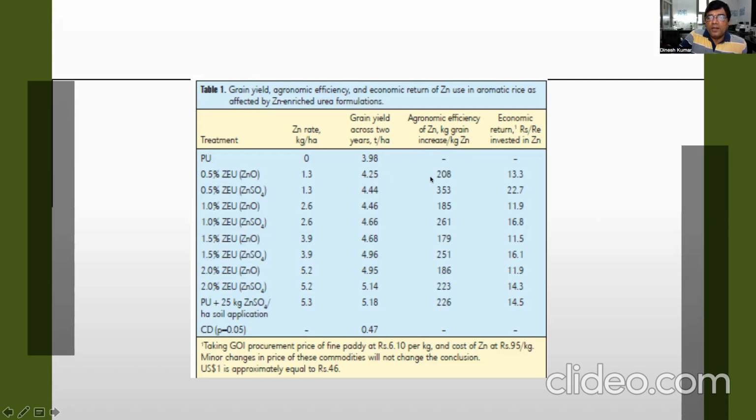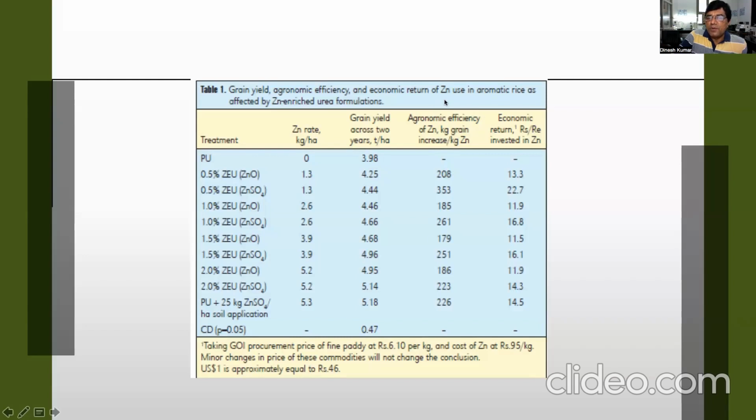You need to convert yield into kilograms, so 4.25 minus 3.98, multiplied by 1000, divided by 1.3, and you get 208.